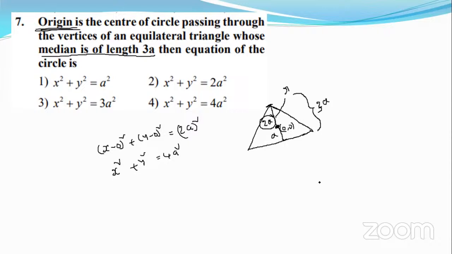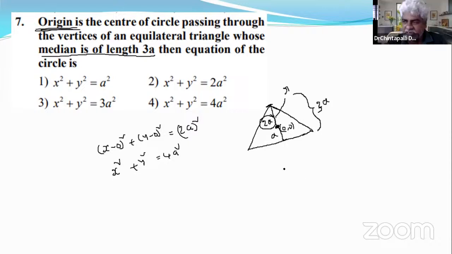As we know, the equation of a circle with center (h, k) is (x minus h) whole square plus (y minus k) whole square is equal to r square, right?